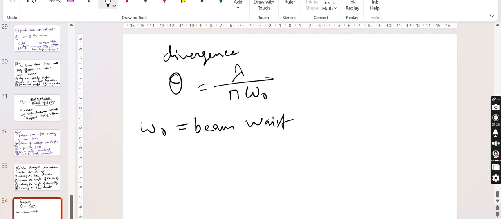For less divergence, theta should be less, so we need better mode confinement.